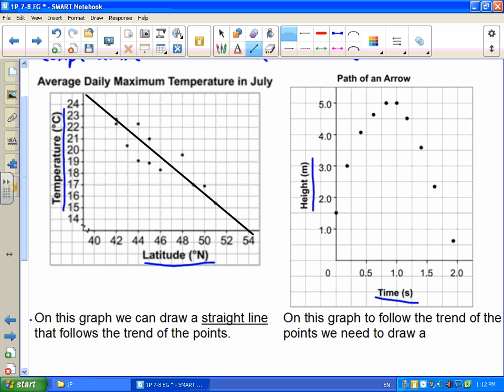There's some points above it, some points below it. But what it does is it shows sort of the general path that these points appear in. So this follows what we call the trend of the points. The points tend to go downward as we go from left to right on this graph. That's our trend. And they seem to follow this straight line that I've drawn on here.